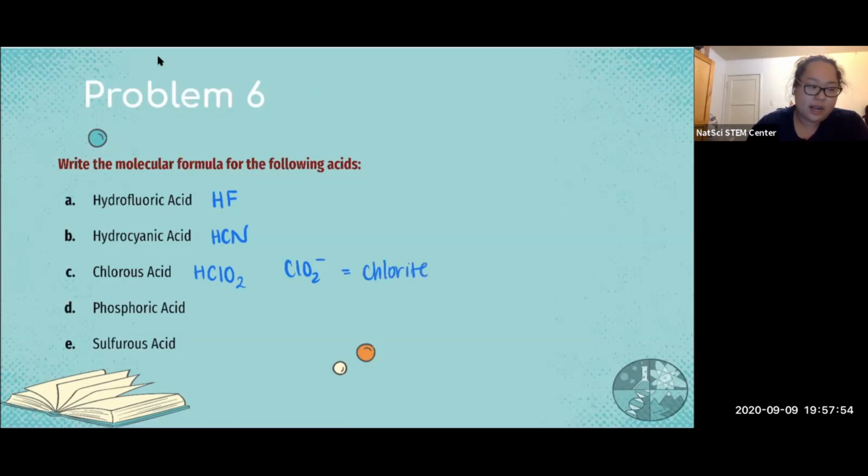Okay, so phosphoric acid. Think of the name of the polyatomic ion and which one corresponds with it. HPO4. Would it be H3PO4? Yes, H3PO4, because it's H plus and PO4 3 minus.